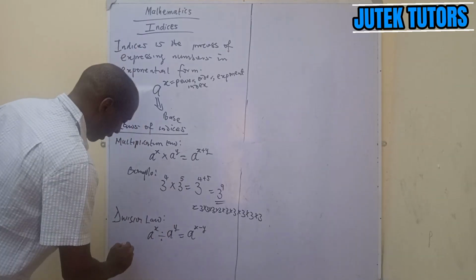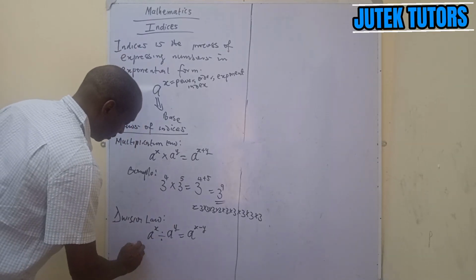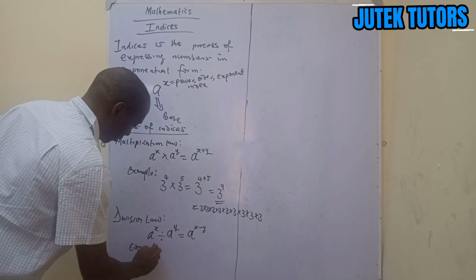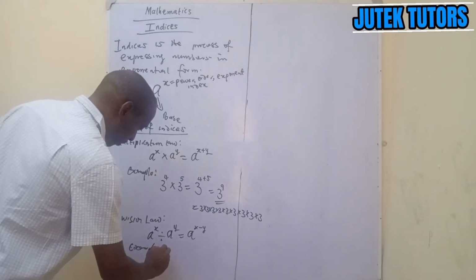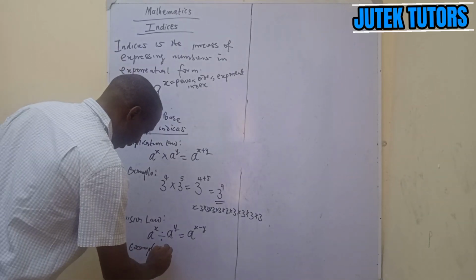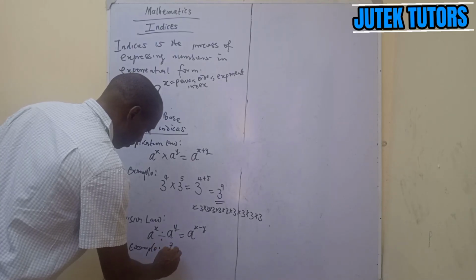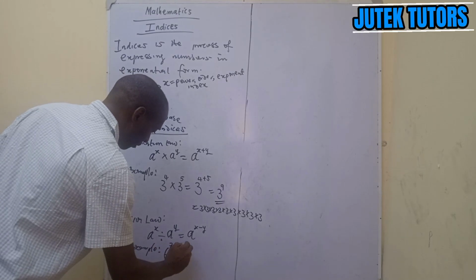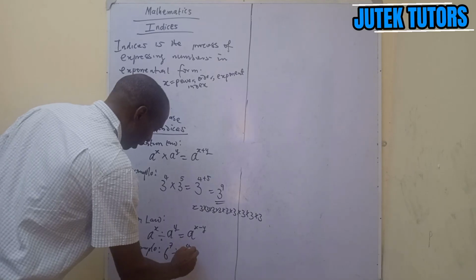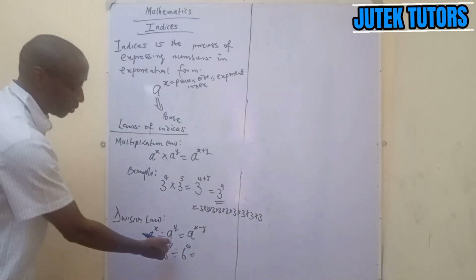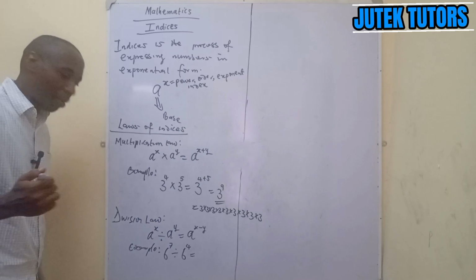Let's see an example. For example, 6 raised to power 7 divided by 6 raised to power 4.